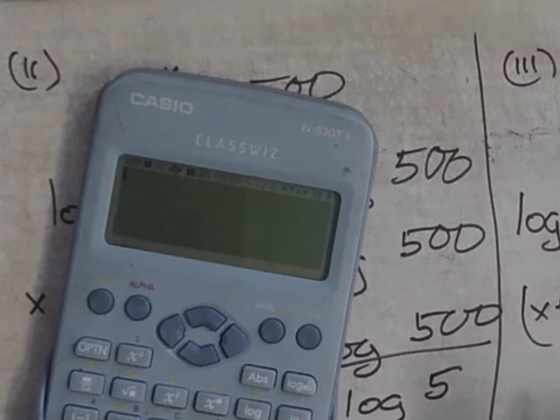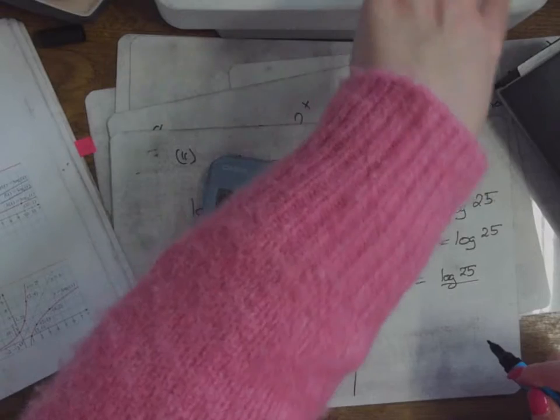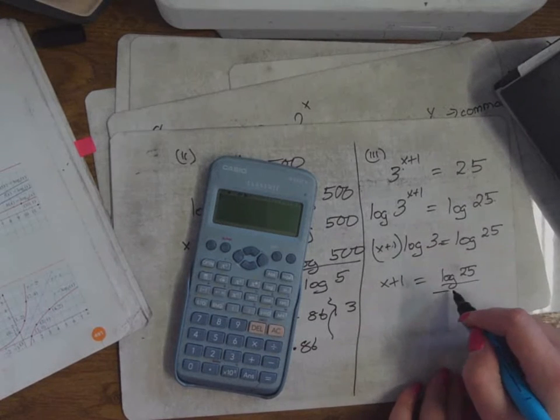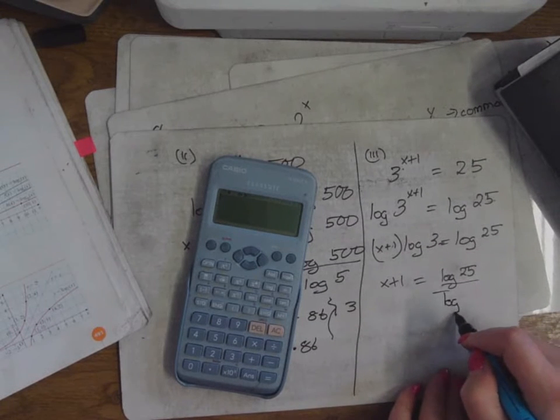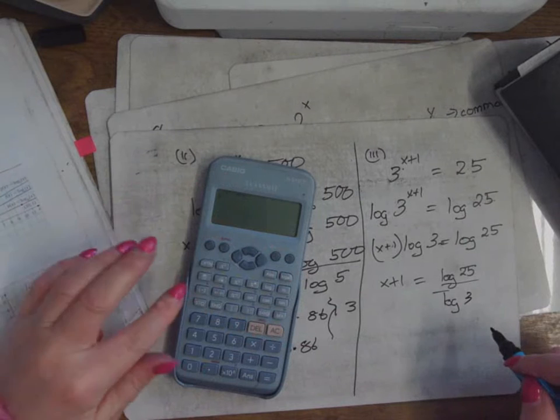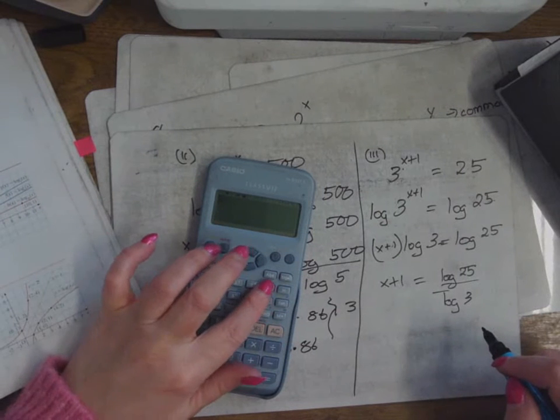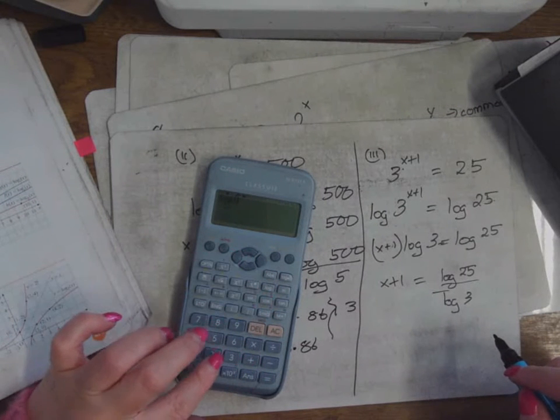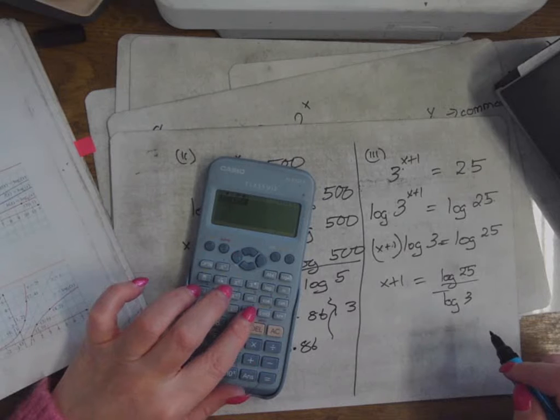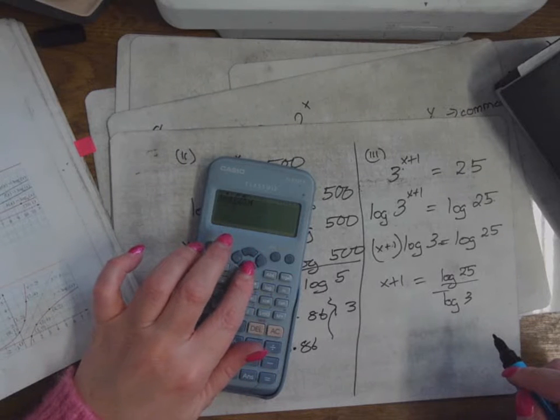But anyway, then divide across by log 3, so you get x plus 1 equals log of 25 over log of 3. Into the calculator with that, so log 25, and then it automatically opens a bracket for you on the log.